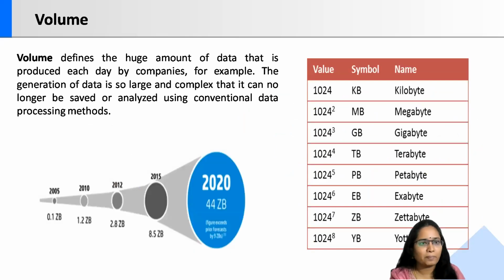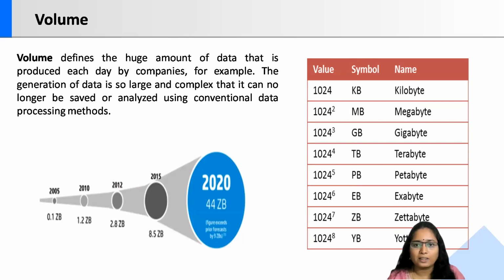The first foremost thing is volume. As I discussed already, volume defines the huge amount of data that is produced each day by companies. For example, the generation of data is so large and complex that it can no longer be saved or analyzed using conventional data processing methods.